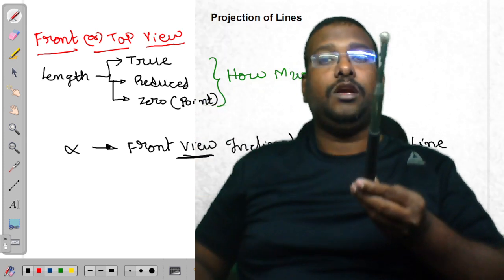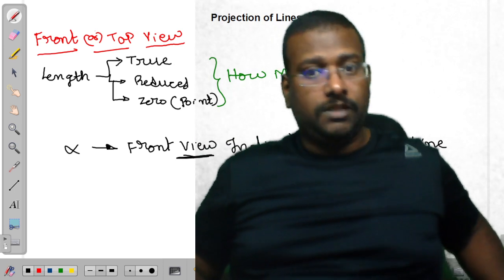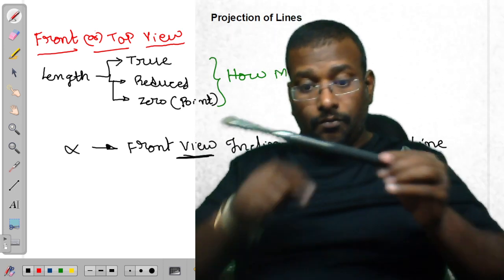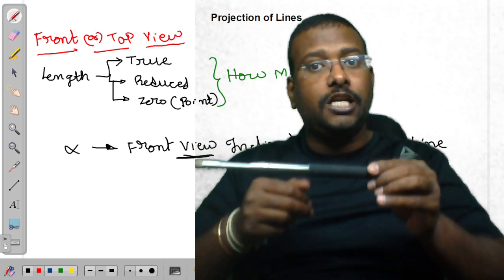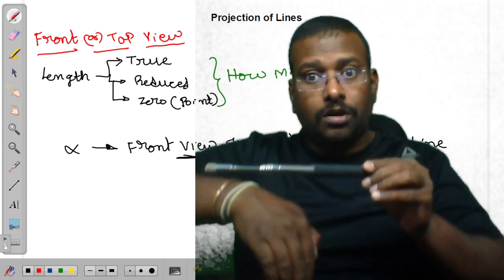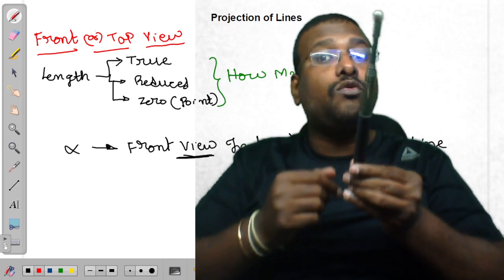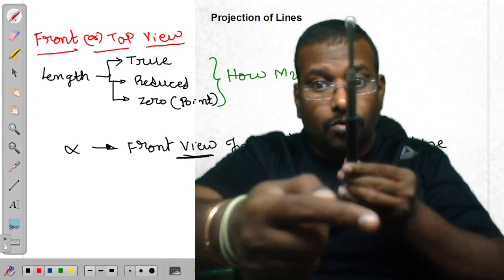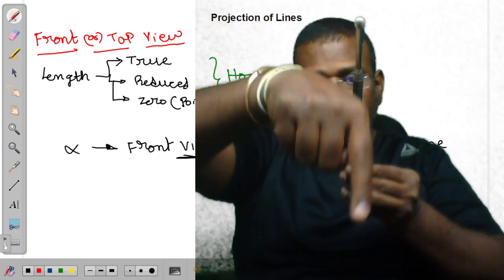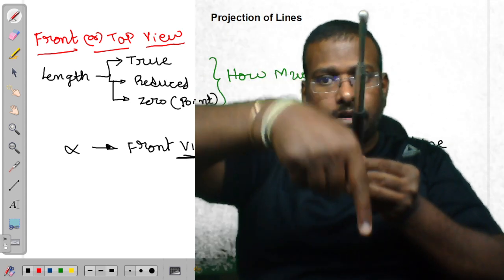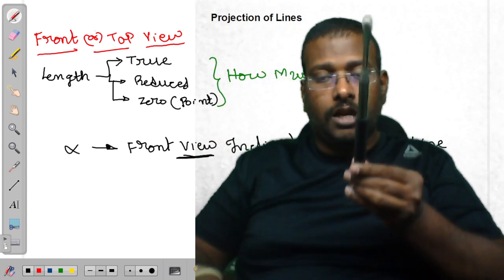Therefore, sometimes phi, the line inclination with VP, is equal to the top view inclination, and sometimes it is not equal to phi. It is 90 degrees: if you draw a line here, you get a line perpendicular to the XY line.